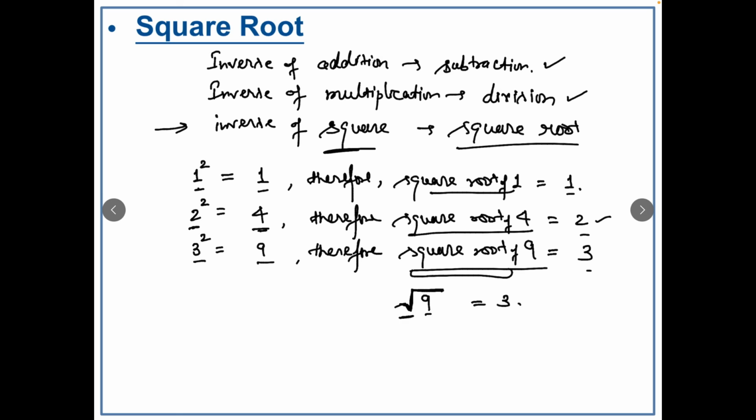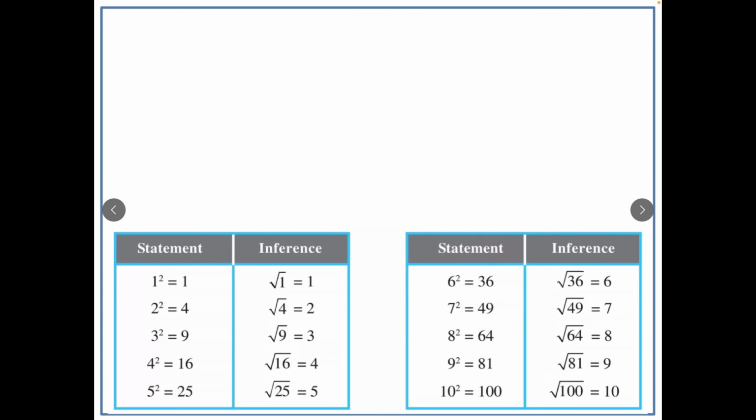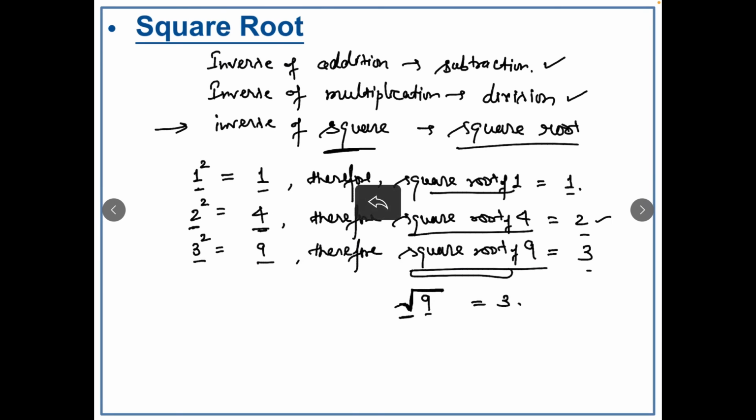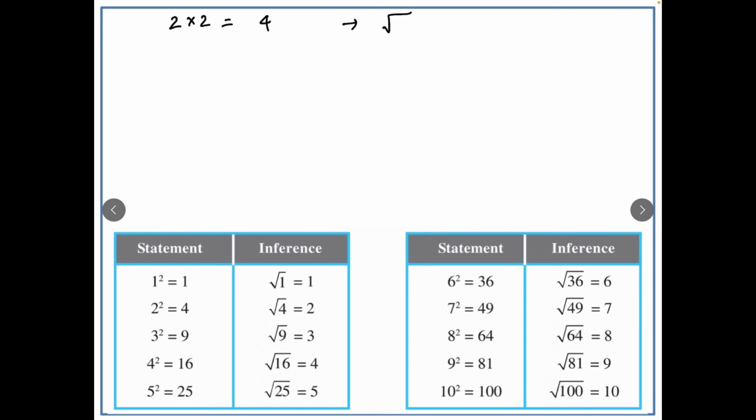One thing that you have to understand here is, if we multiply 2 into 2, that will be 4, and if you find the square root of the number 4, that will be equal to 2. Also, if you multiply minus 2 into minus 2, minus into minus becomes plus, and 2 into 2 is 4.